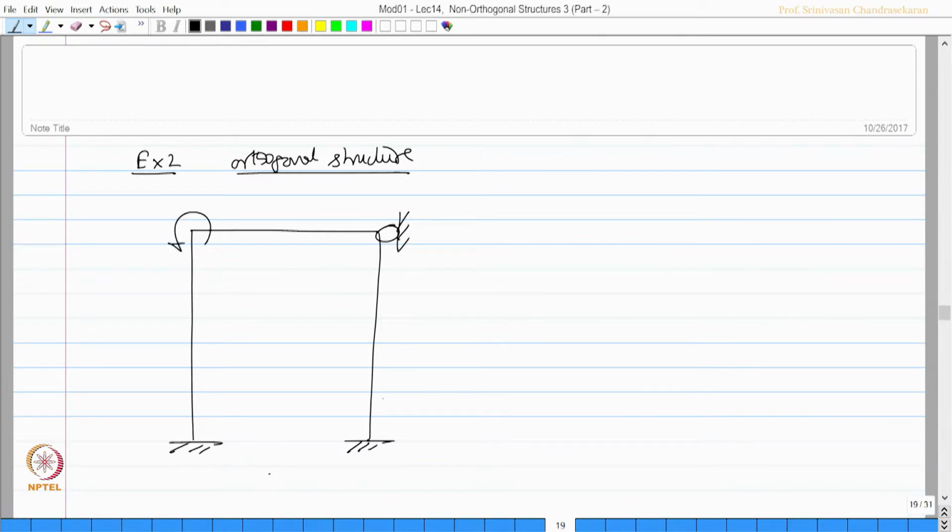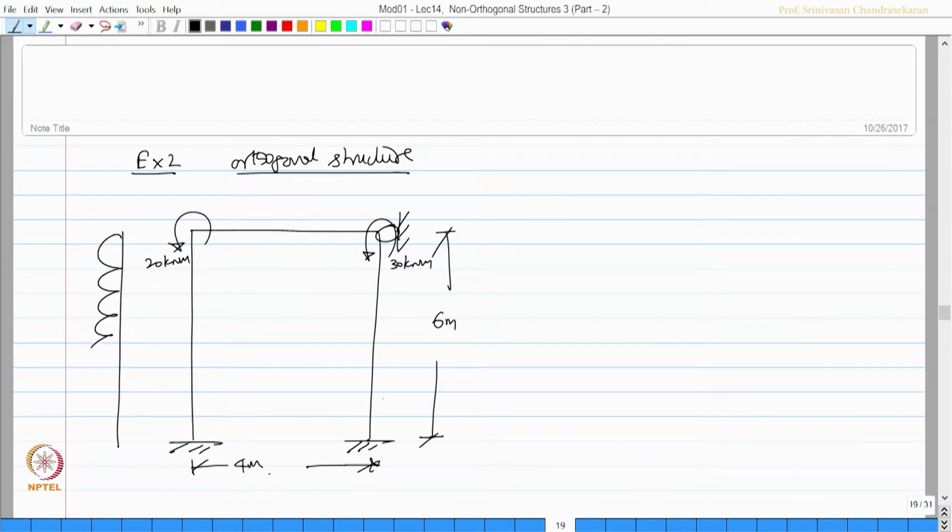We applied a joint load here which is 20 kilonewton meter and here 30 kilonewton meter, and this was 4 meters and the height of the frame was 6 meters, and this is subjected to a member load of 12 kilonewton per meter and there were two more loads of 20 kilonewton and 30 kilonewton here, which are equally spaced, and there is a central load here of 50 kilonewton.